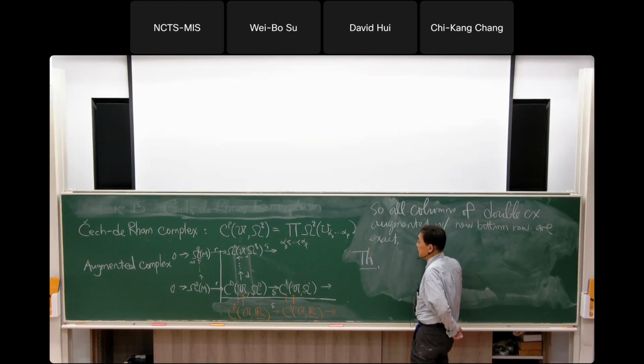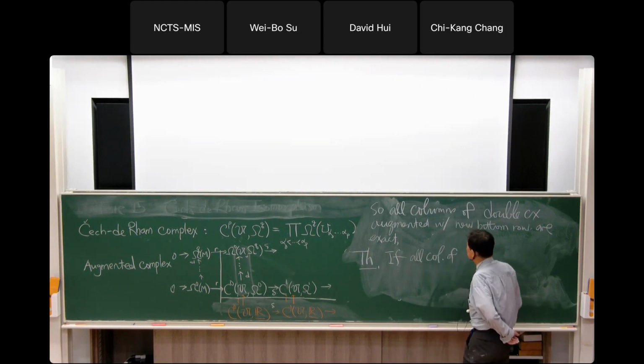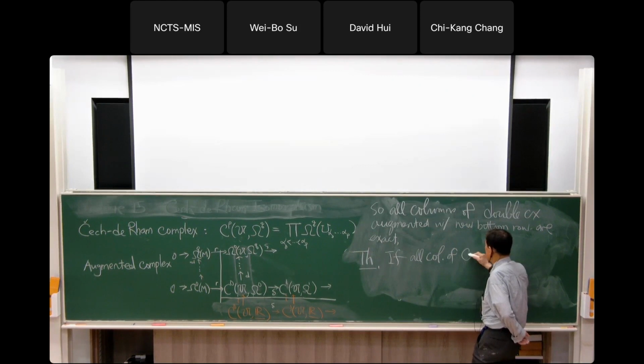This theorem says that if all columns of the Cech-de Rham complex, well, it's actually for any double complex, right?